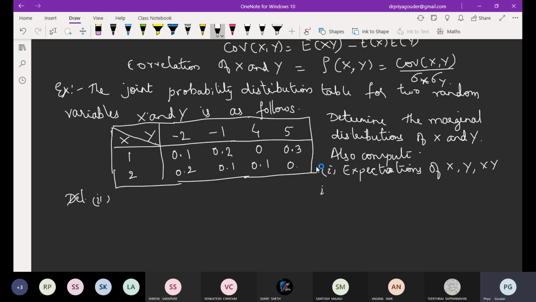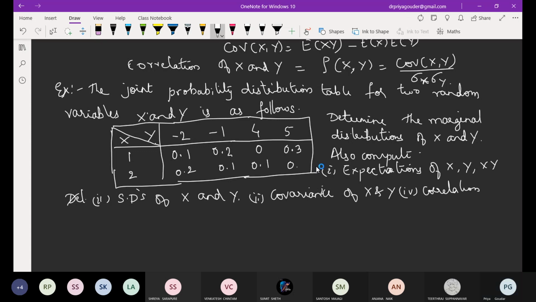Next, standard deviations of X and Y. Third, covariance of X and Y. Fourth, correlation of X and Y.